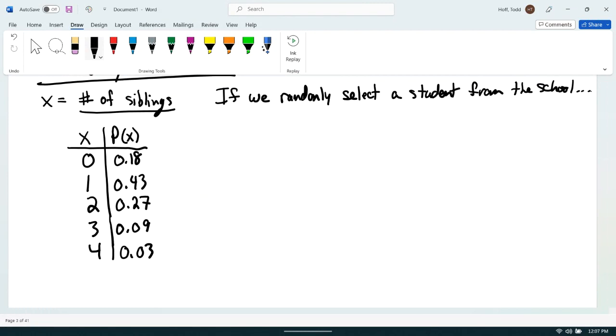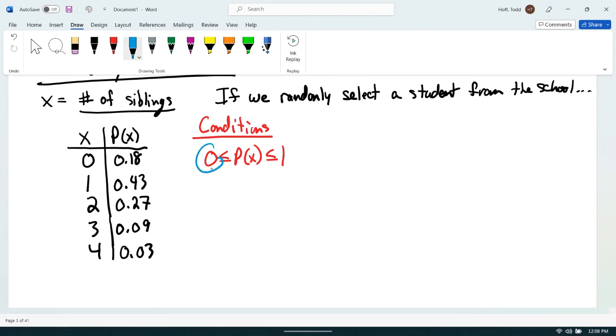So it lists out each of the possible values of the random variable, anywhere from 0 to 4 siblings, and then the probability that each of those will occur right here. Now there's a couple of conditions that must be met. The probability of each value has to be at least 0 and cannot be more than 1.